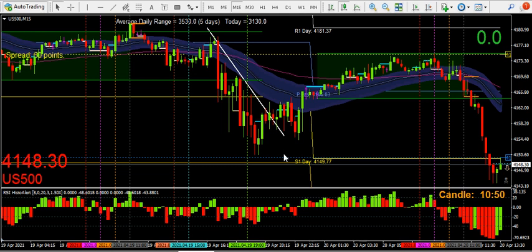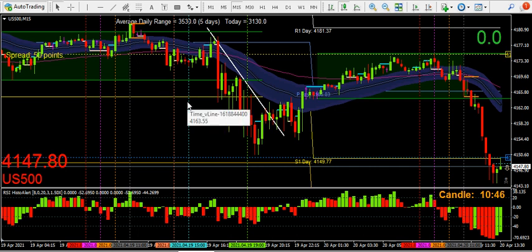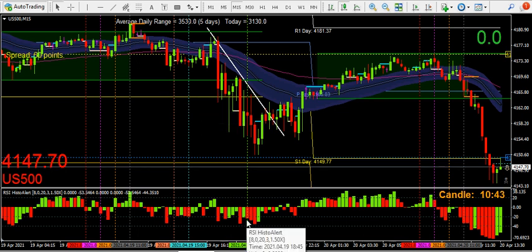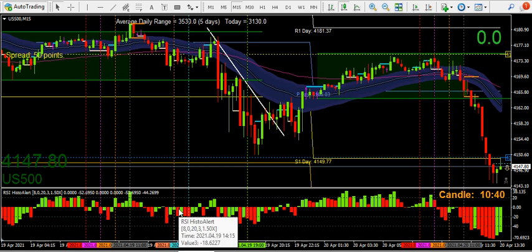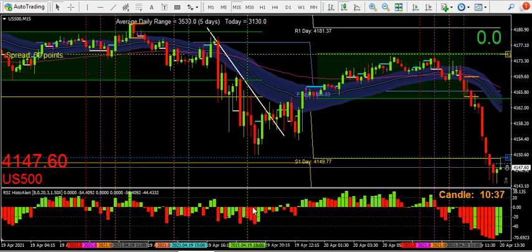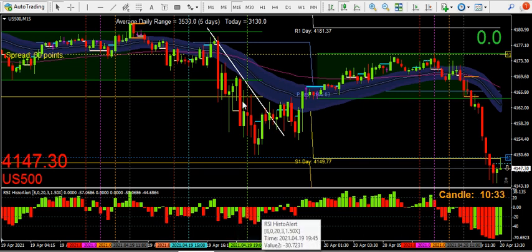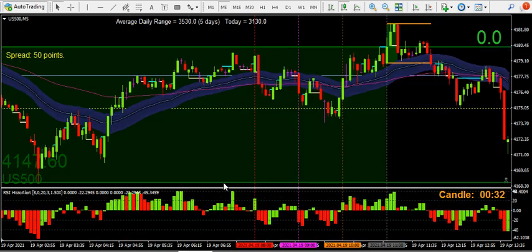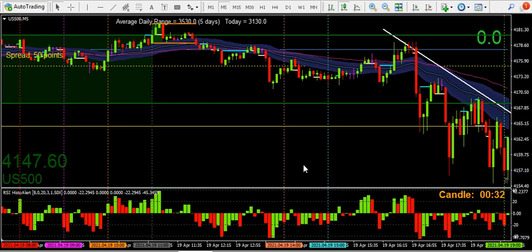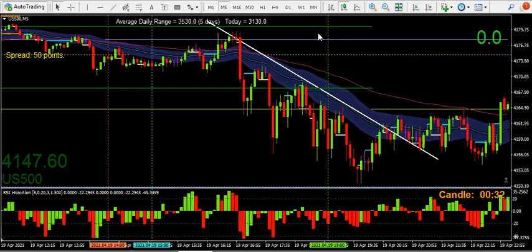This is an answer to your question, Katy, about the divergence on M5 and on the RSI 5-minute chart, and how it relates to the higher time frames. So here's a sort of copy of the chart you sent me.